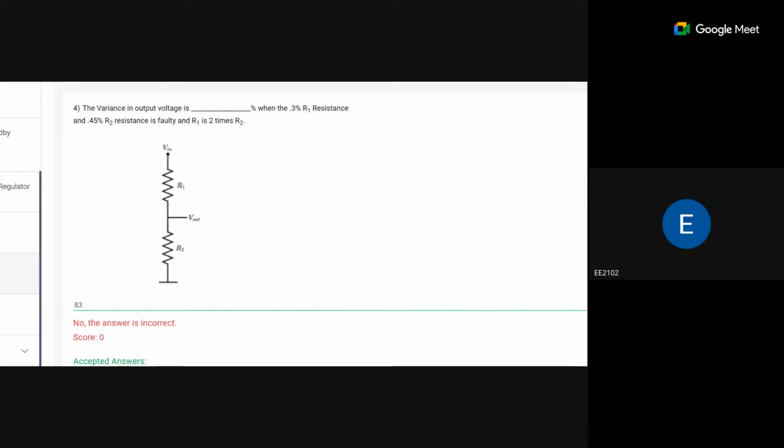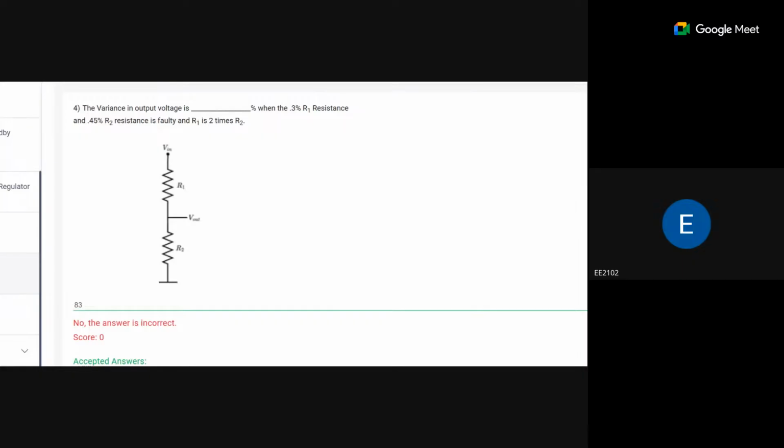Okay, no problem, I'll just help you. First of all, you should understand what this question is. It says the variance in output voltage is dash percent when the 0.3% R1 resistance and 0.45% R2 resistance is faulty. Faulty means what? The resistance, whatever value should be given.